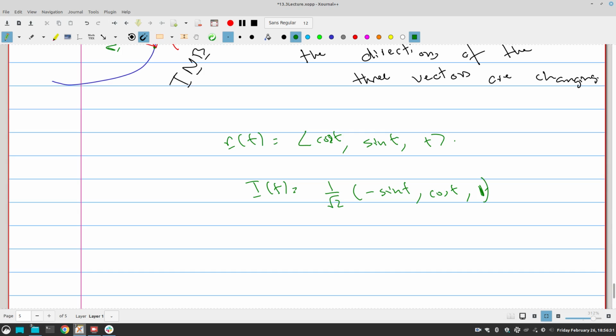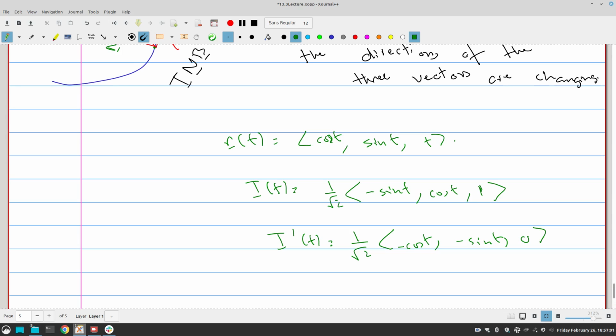Now T prime of t, the derivative, is 1 over square root of 2 times negative cosine t, negative sine t, 0. Sorry, I should be using angled brackets to denote vectors. Right, T prime of t is this.